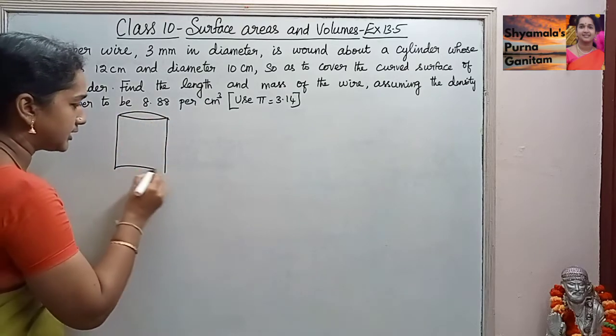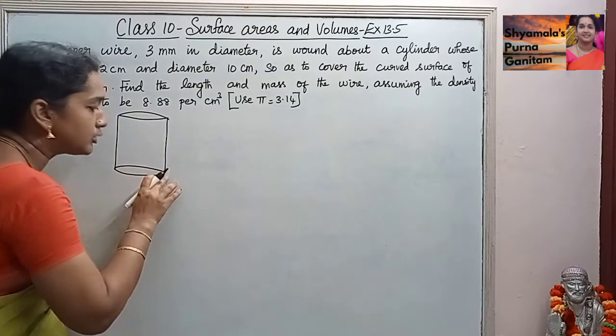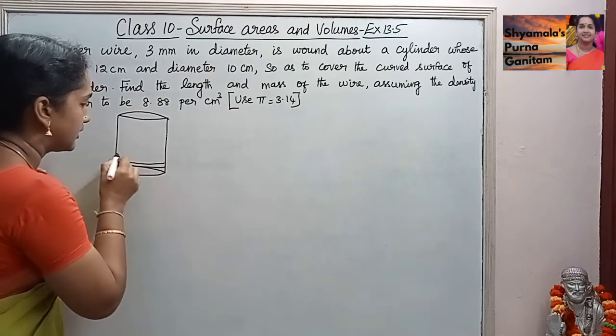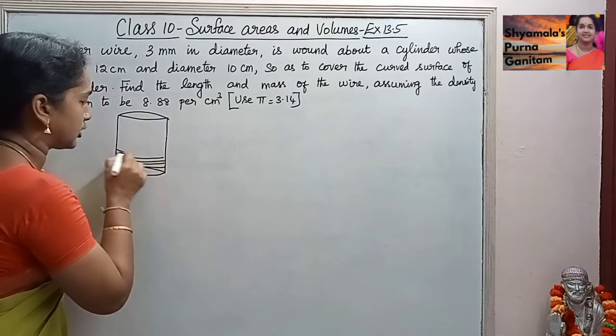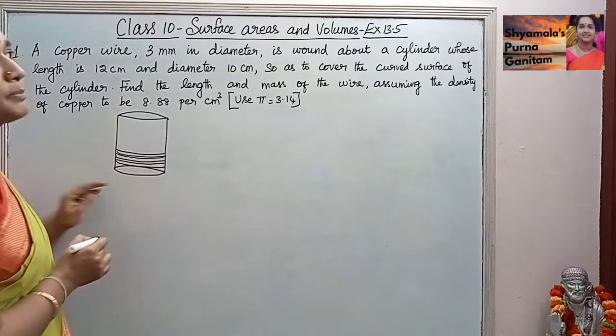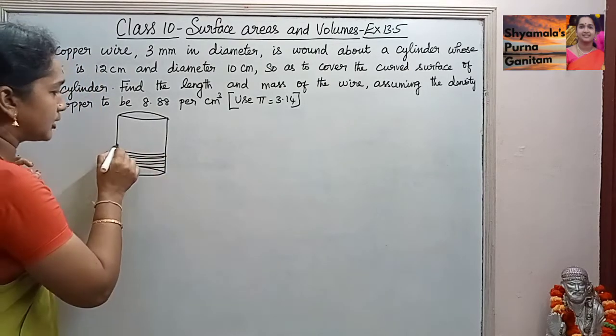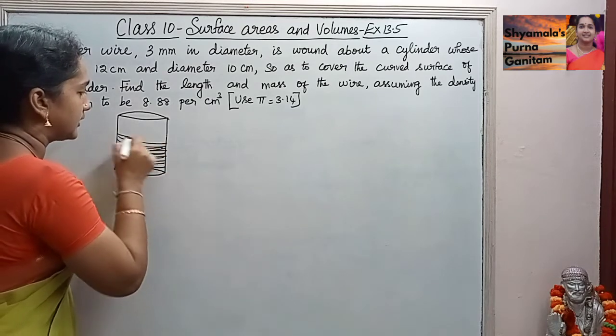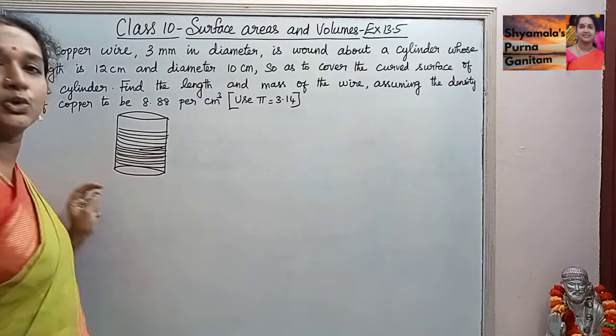So the question given is that a copper wire is wound around this cylinder like this.